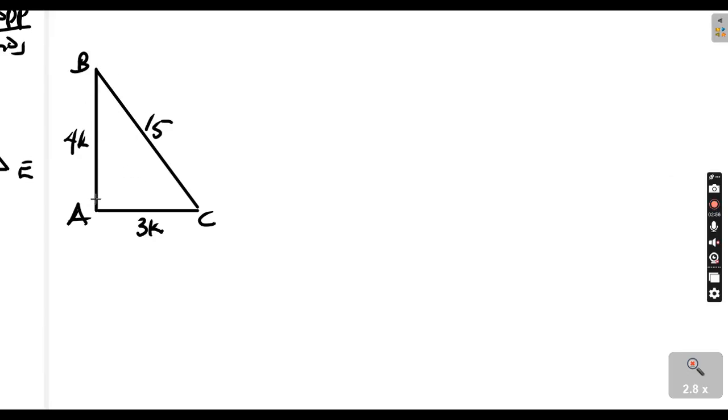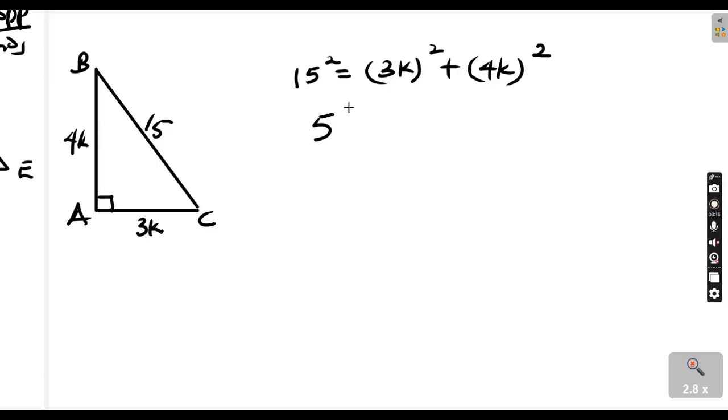If you observe, this is a right angle triangle, and in a right angle triangle, 15 square is 3k square plus 4k square. What did you observe? According to Pythagoras triple, 5 square equals 3 square plus 4 square.